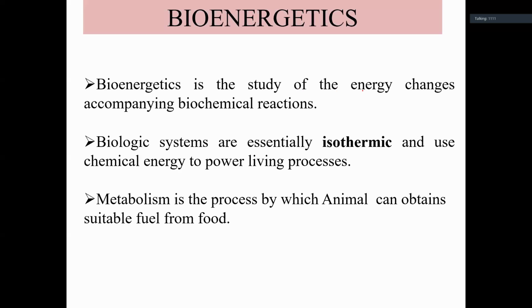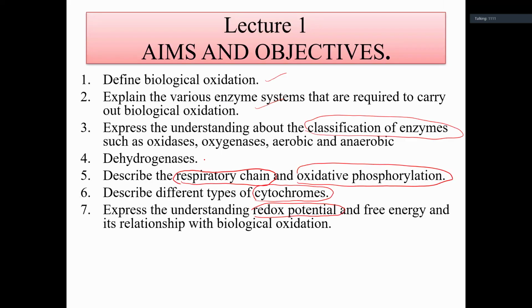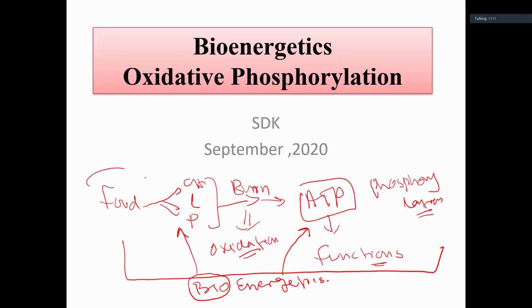Number 1, it is the study of the energy changes in the biochemical reaction. Number 2, basically, the system is isothermic. Iso means same, thermic means temperature. And then it uses chemical energy to power living processes. All this what we discuss, these are chemical energy, power.